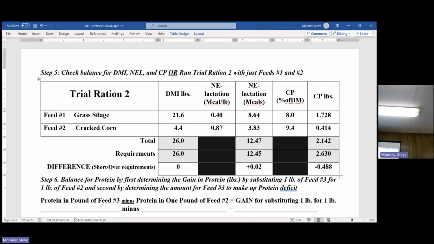So the difference between what I put up there and what you guys got is rounding error, but we'll stick with your numbers. So are we balanced? How do we answer that question? What do we have to ask? Are we within 5% on all the requirements?